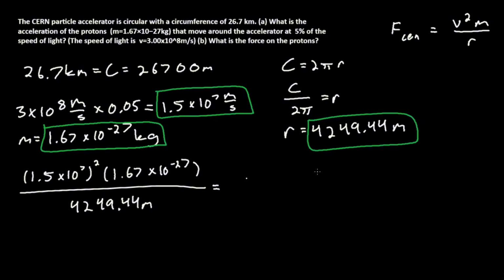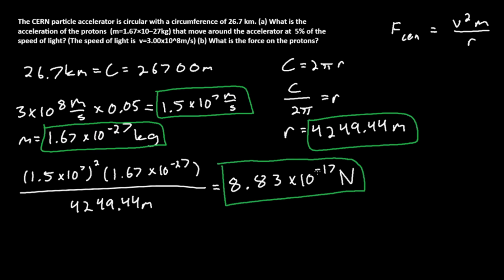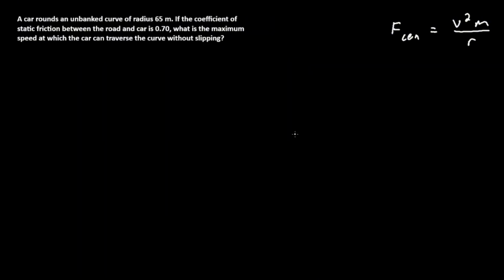And type this all into your calculator, and you get 8.83 times 10 to the negative 17 newtons. So it doesn't require that much force to accelerate a proton in a circle, since it's so small.